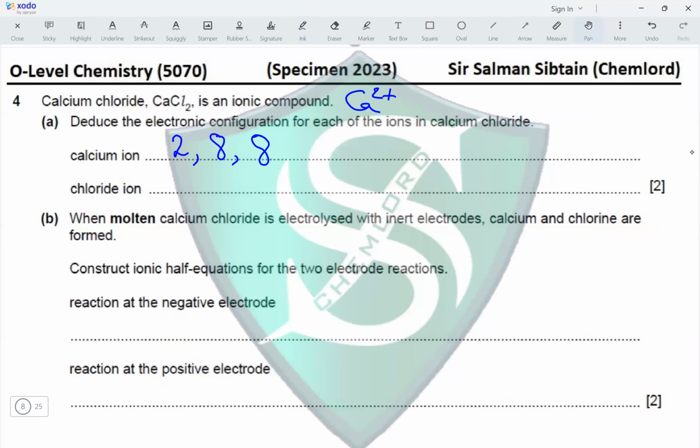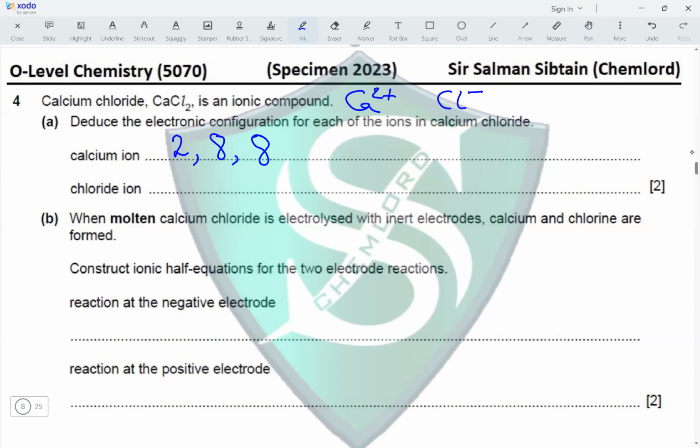Now, moving on to the chloride ion. Chlorine belongs to the third period, so it has 3 shells present, and it belongs to group 7. That means its outermost shell has 7 electrons. Now, when calcium loses its 2 electrons, 2 chlorine atoms combine with it to form calcium chloride. Each chlorine atom gains one of the electrons lost by the Ca2+ ion, thereby obtaining a negative charge.